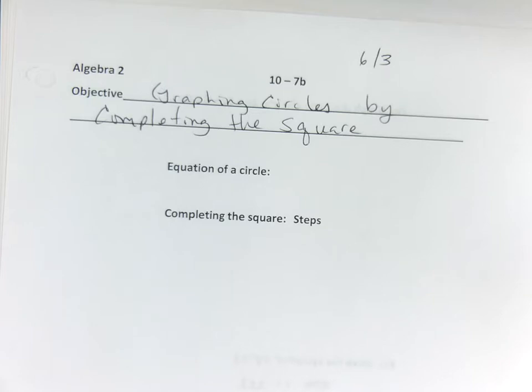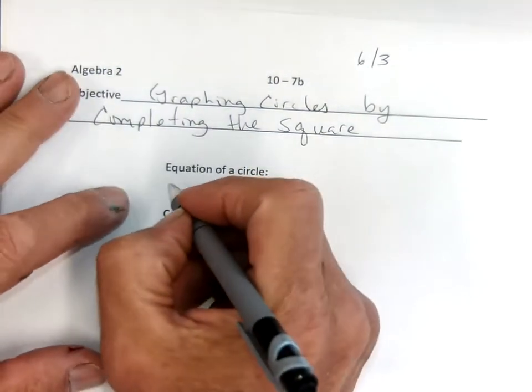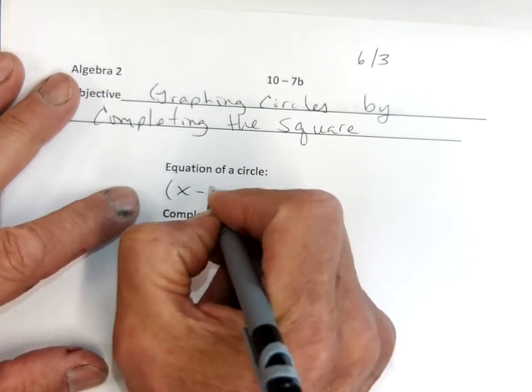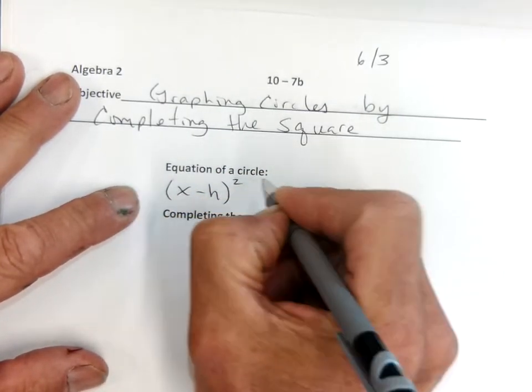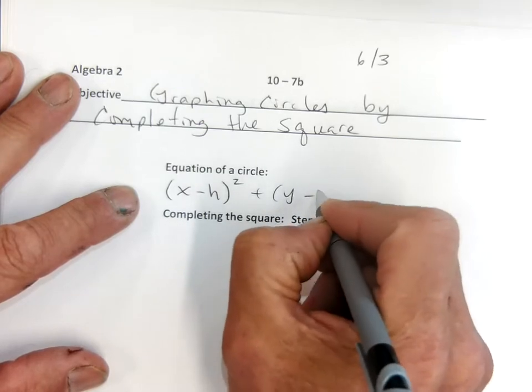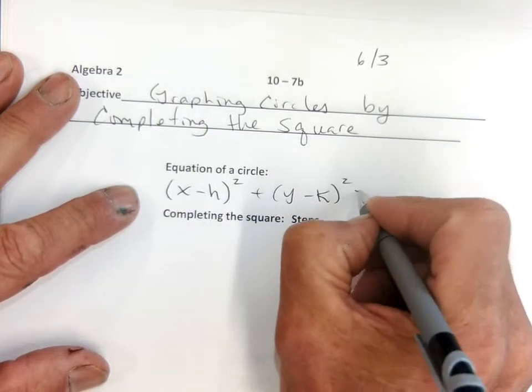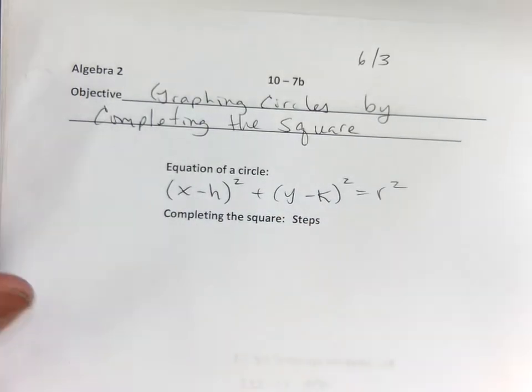So now, we know the equation of a circle is x minus h quantity squared plus y minus k quantity squared equals r squared, right? And sometimes they're not in that form.